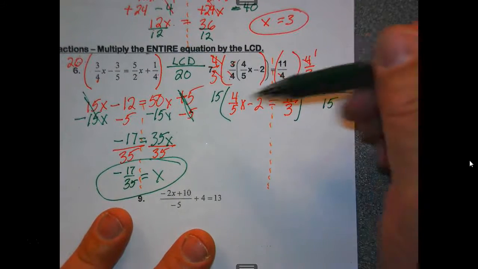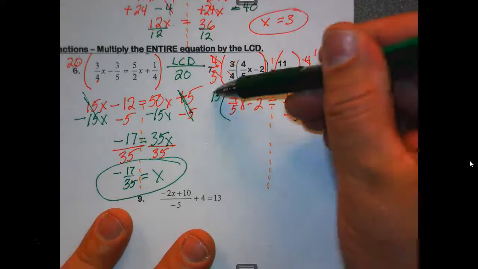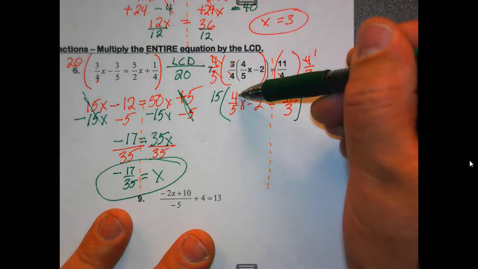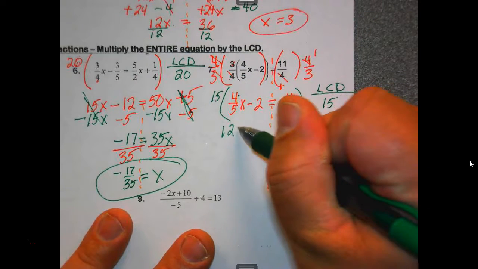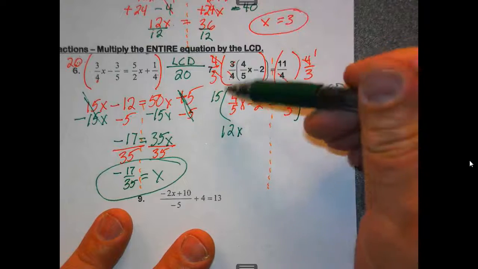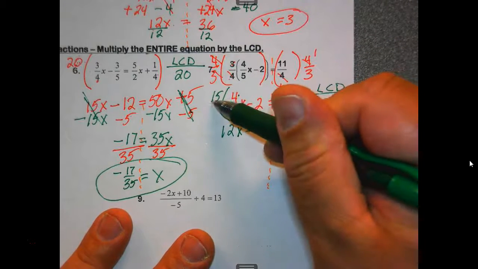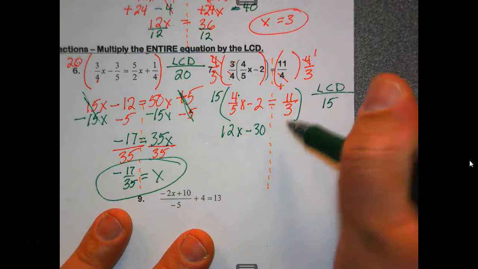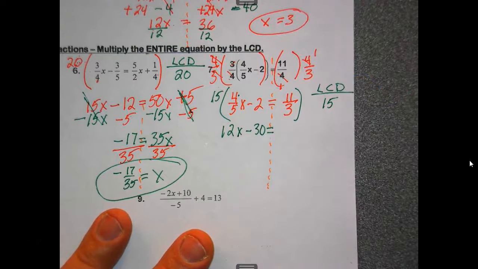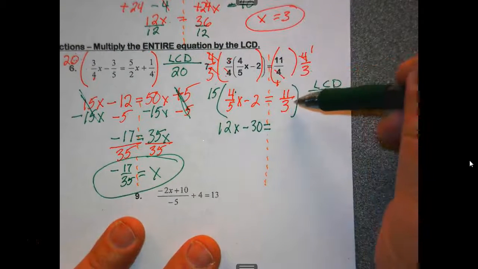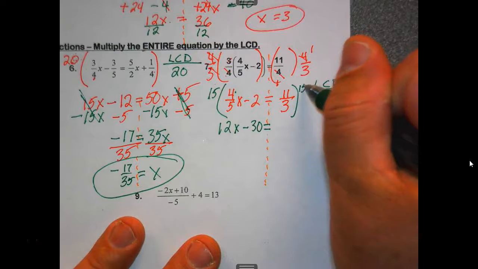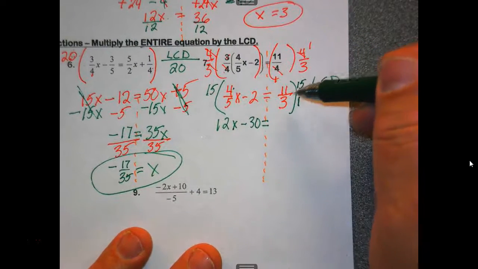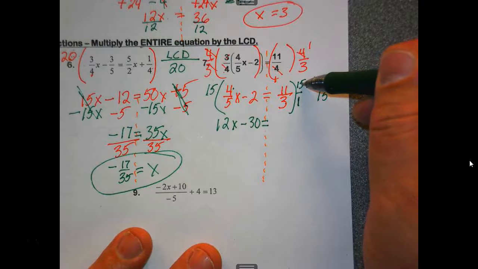Okay? 15 divided by 5 is 3 times 4, 12x. This is just two whole numbers being multiplied together. 15 times 2 is 30. Okay, don't forget to multiply this. A lot of students forget to multiply the other side by 15 too. So 15 divided by 3 is 5 times 11.